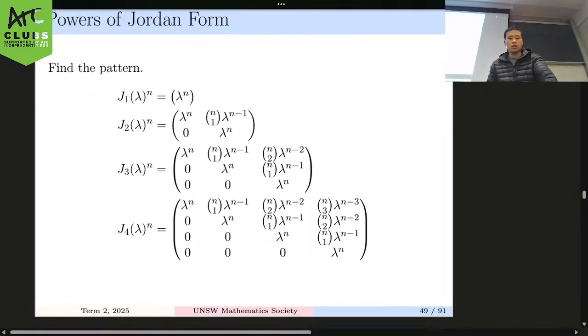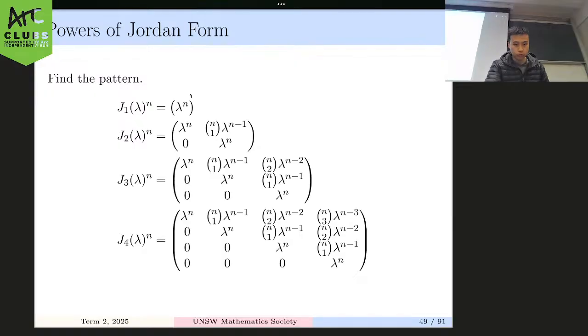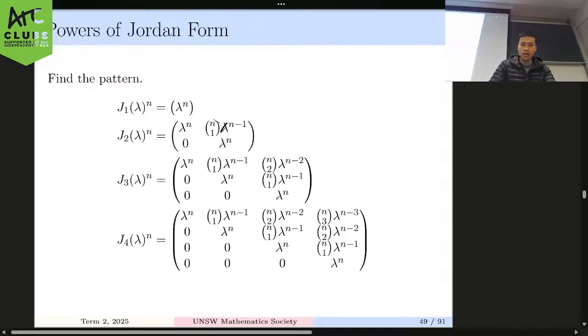What's important about Jordan form is that you have these powers here. For the 1 by 1 case, if you do the pattern here, you find it's n choose 1, but the lambda also appears there with the power of n minus 1.